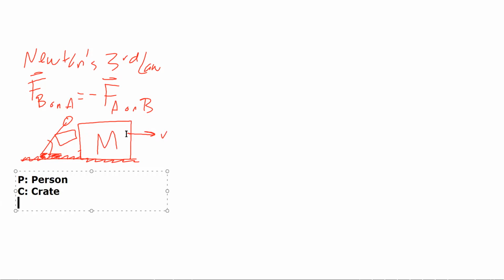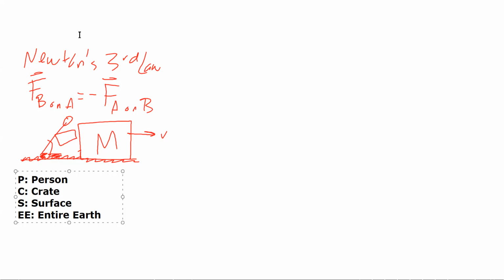The other two that the book tells you to include are S for the surface, and then double E for entire Earth. The entire Earth is present in this example by its very gravity force. And so those are the four objects that are present.